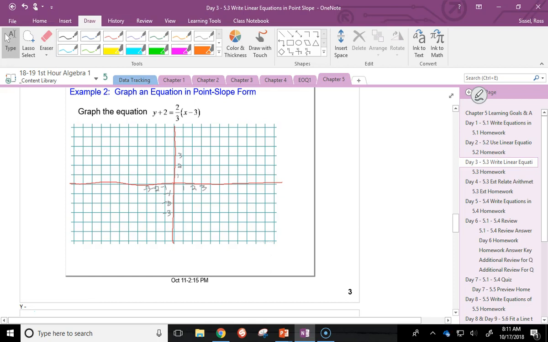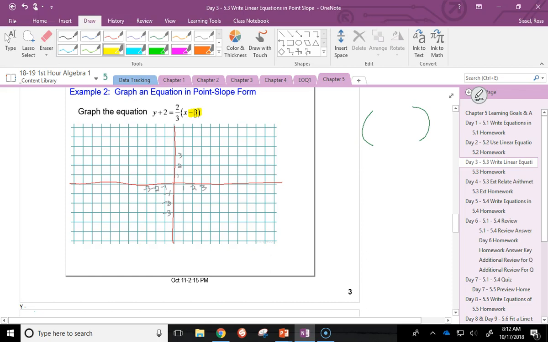What do we know? Do we know our coordinates yet? To graph this, I have to have coordinates. Do we have coordinates listed on this point slope form? We do. What's my x coordinate? It's right here.